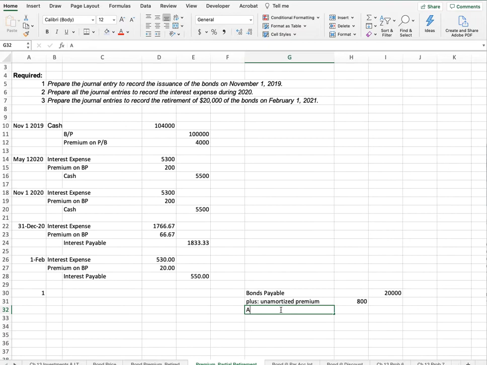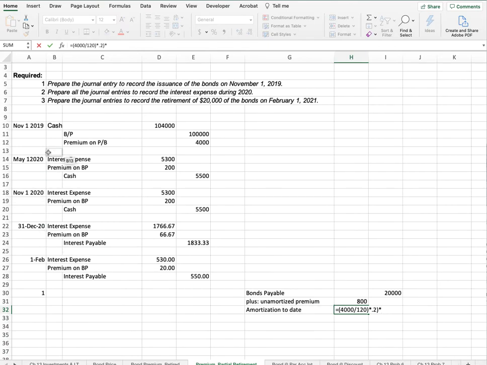And then we need to account for amortization to date. And so this would be equal to our 4,000 divided by the 120 months, times 20%, and then all of that times the number of months that have passed so far.